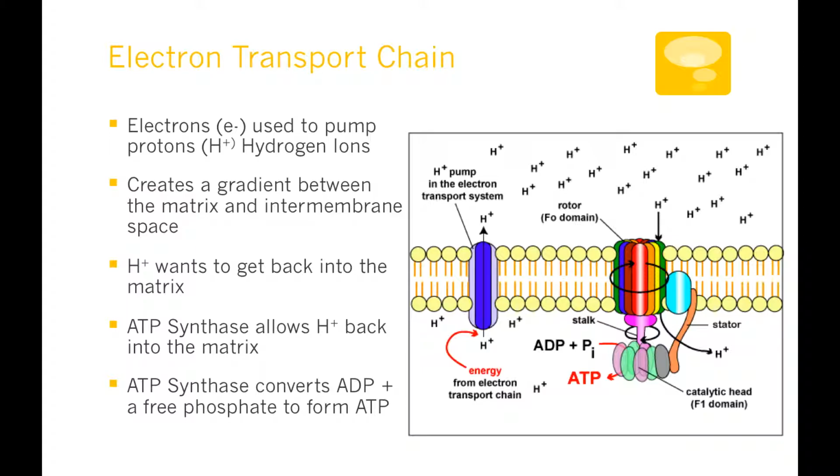Again, this is a lot of information, and this is only theoretical how we think ATP synthase works. There are people in labs somewhere right now trying to figure out exactly how ATP synthase works. But we do know that ATP synthase allows the protons back across the membrane and converts ADP into ATP.